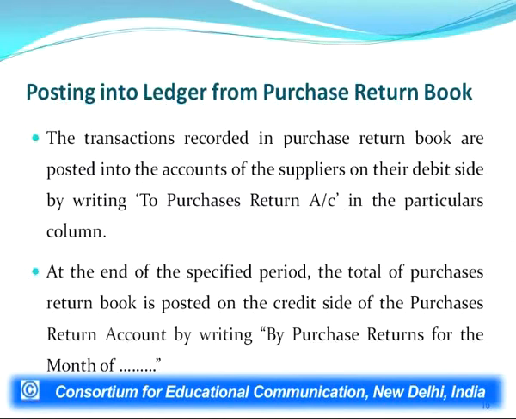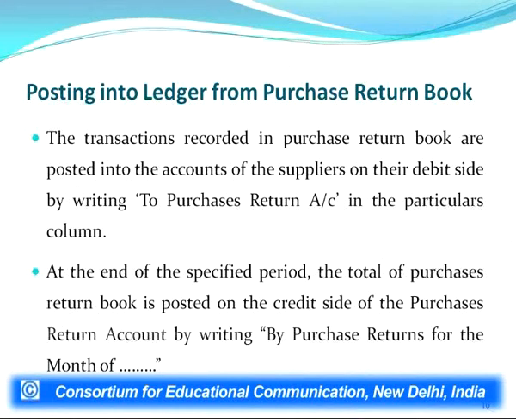Now, the question arises, how to make posting into the ledger from the purchase return book. As we know, the transactions recorded in the purchase return book are basically for the goods returned to the supplier. So, when we make the posting into the supplier's account, the supplier is a personal account, and the personal account rule is debit the receiver.